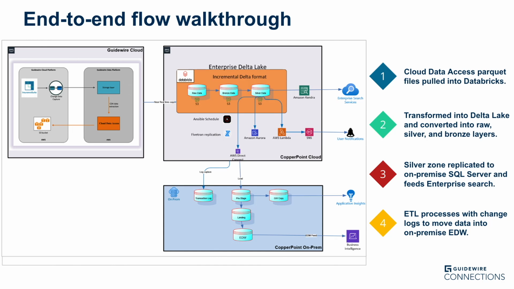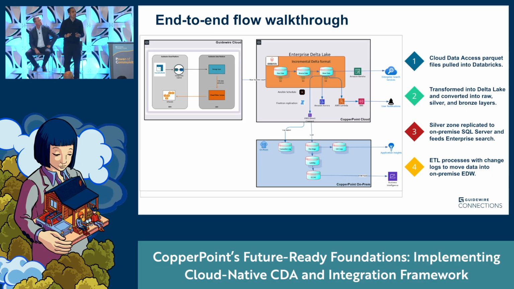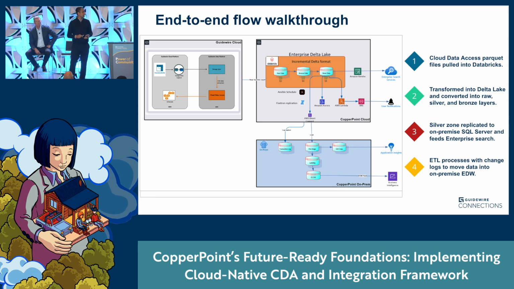And finally, from the bronze zone, we perform several critical ETL operations to store data in a silver zone, which is essentially tables with ACID compliance applied. All of these tables are running in memory in Databricks. The silver zone is actually a representation of how the table schema would look if we had direct access to the tables, if we had it in a self-hosted environment.